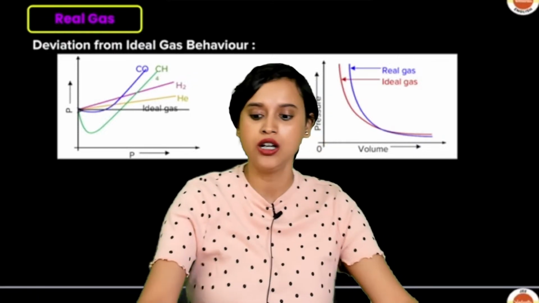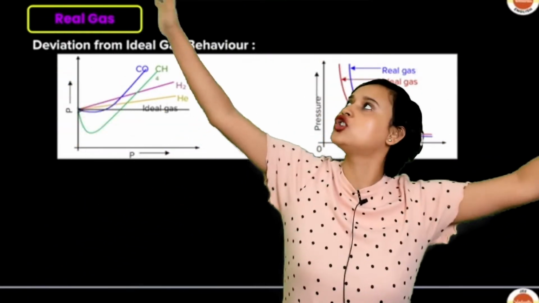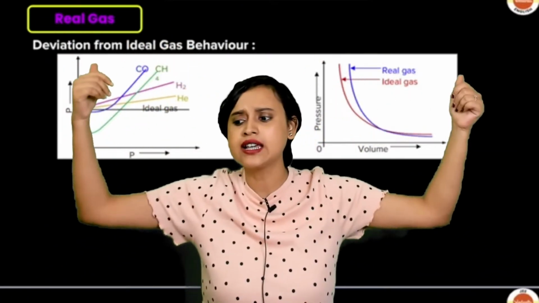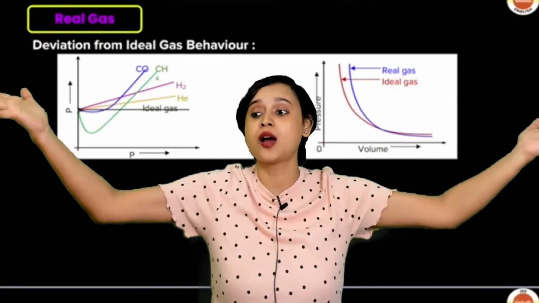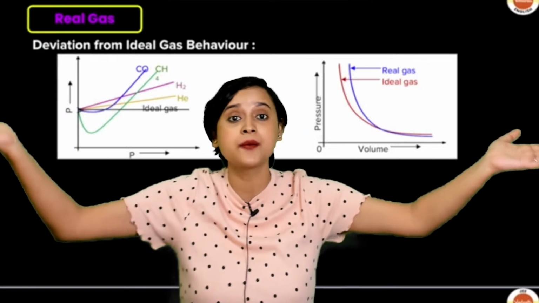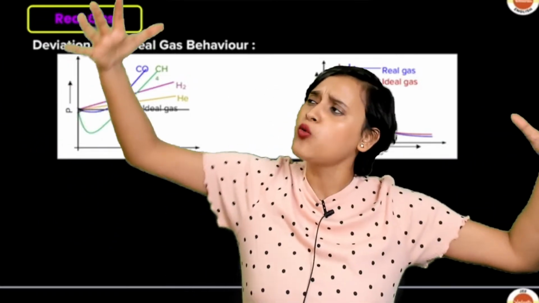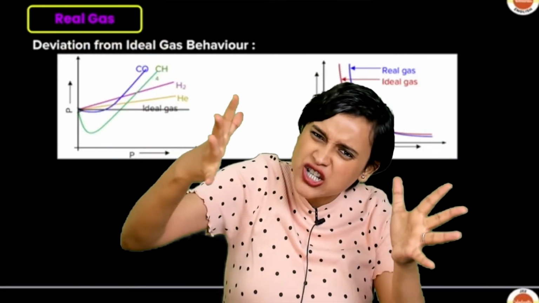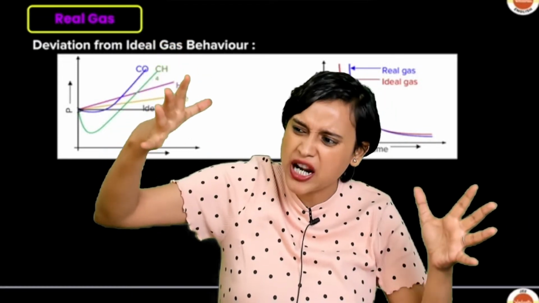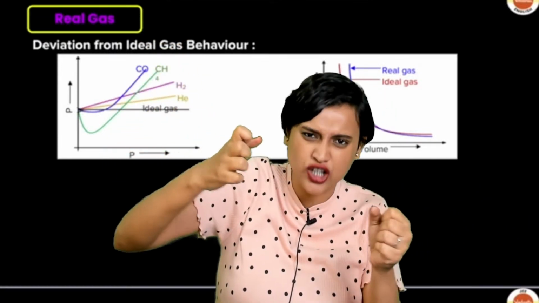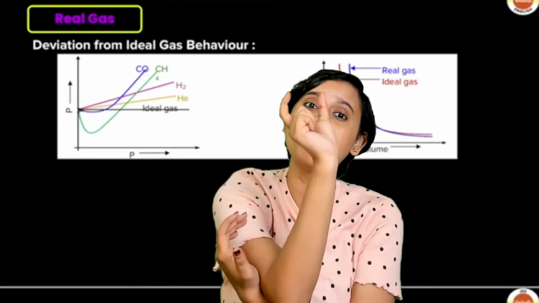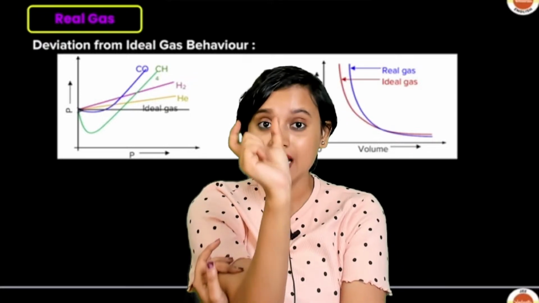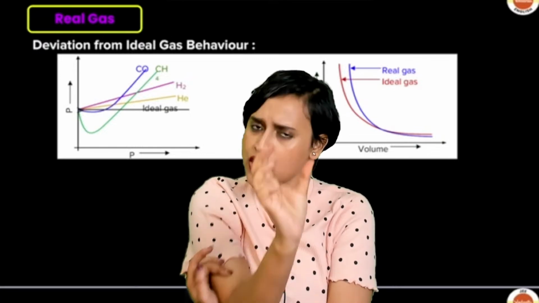How is that possible? Let's imagine that this is a huge room. I can still think that probably the number of molecules here is negligible. But what if I keep increasing the pressure and bring it to a very small volume?